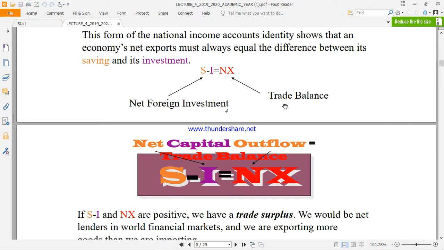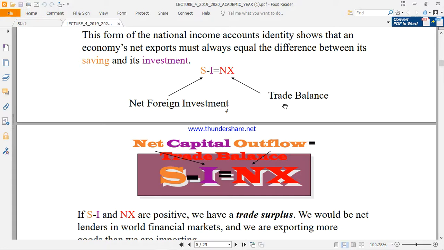So, from the national savings, if you remove investment, the amount of money that you are going to remain with is what you are going to use for net exports. And savings minus investment is what we call net foreign investment.